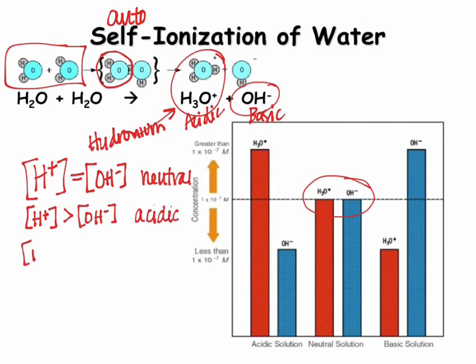If we have a solution where now we have more hydroxide than H plus, then it is a basic solution. So you'll need to look at your molarities, the concentration of these things, to determine is it an acid or is it a base. Okay? Everybody good with that? This slide?